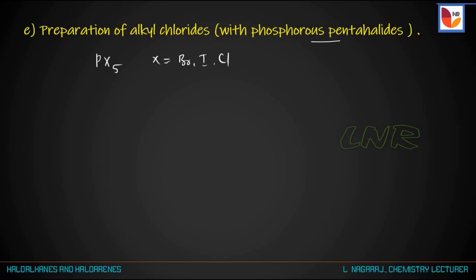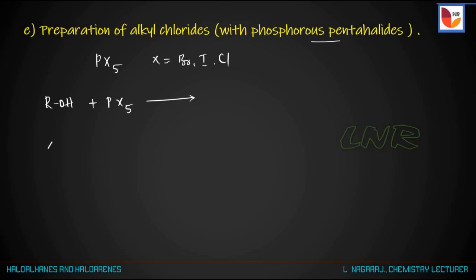Let us take alcohol, that is ROH, reacts with the phosphorus pentahalides, and the products are to be represented as, that is, by using a simple method we can predict what products are to be obtained when the alcohols react with the PX5.